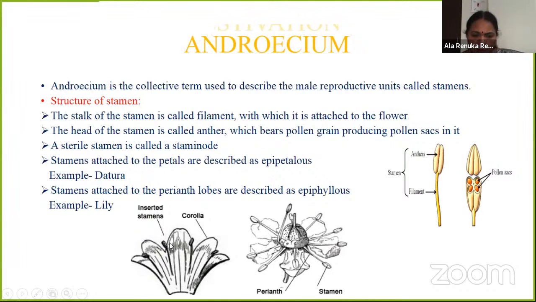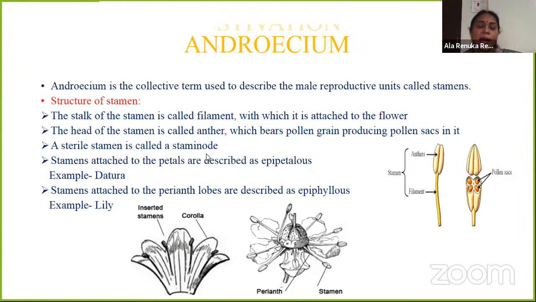We see in Datura the stamens getting attached to the petals. In the beginning we discussed that sometimes there is no difference between calyx and corolla, and then we call them perianth lobes. In such a condition, if the stamens get attached to the perianth lobes, they are described as epiphyllous.